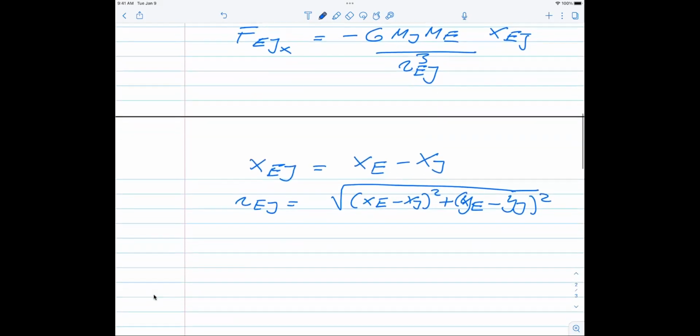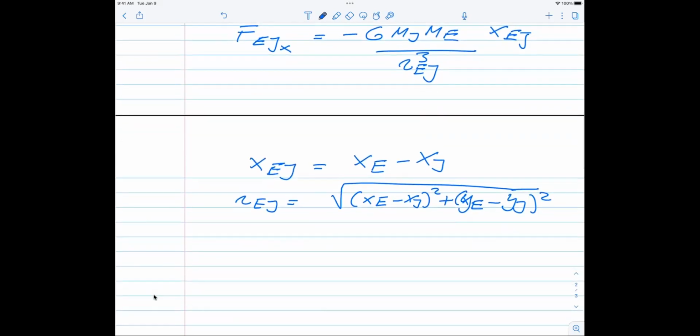Then what we have is a similar term for the force in the y direction.